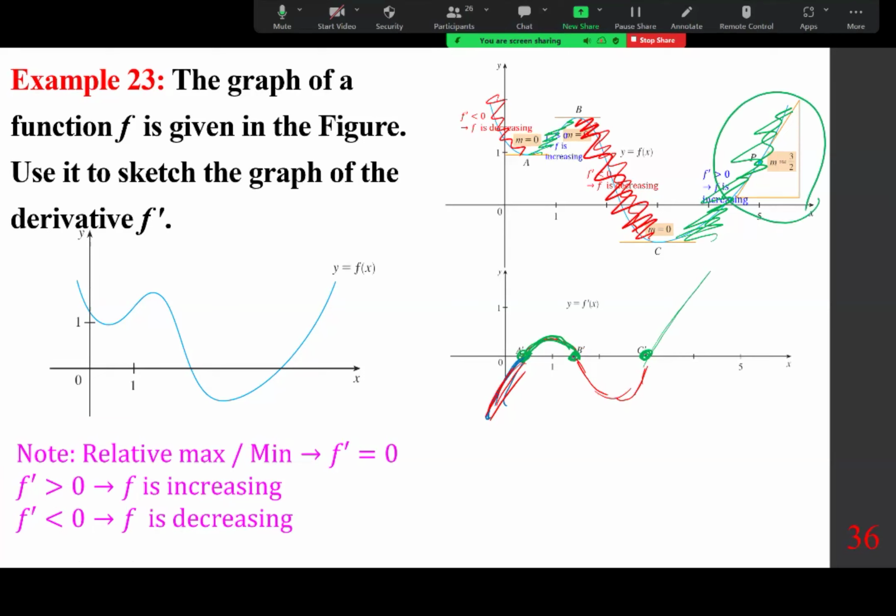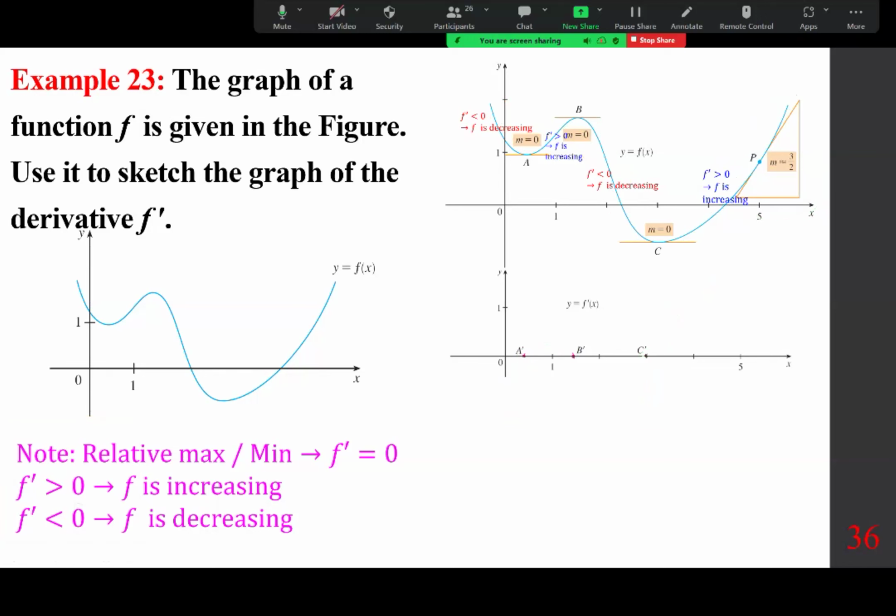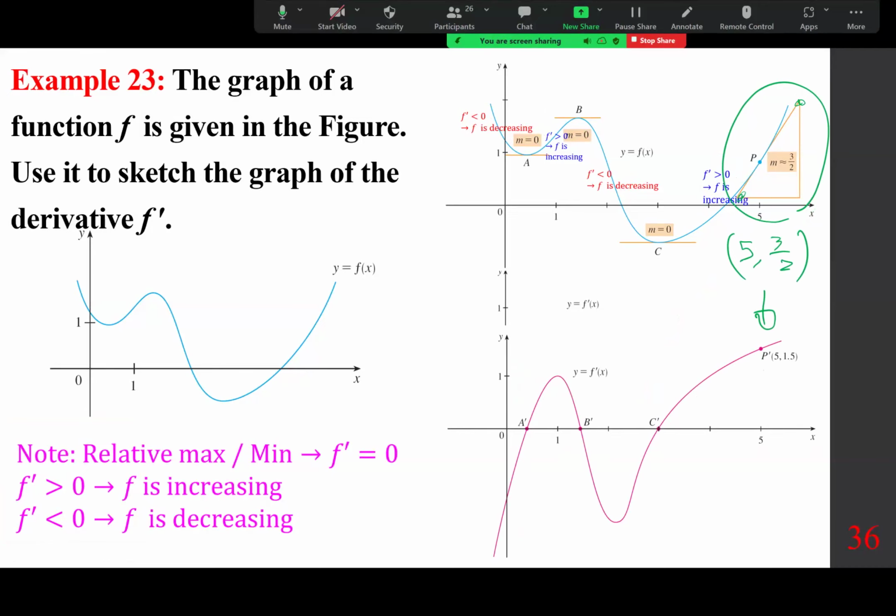As far as what they did here, they did their best to draw a tangent line, and they picked 2 points. Let me clean the mess. So they picked 2 points on this, like this one and this one, and they evaluated the slope. So that means this should correspond to 5, comma 3 halves or 1.5 for the derivative, and the graph looks like that.